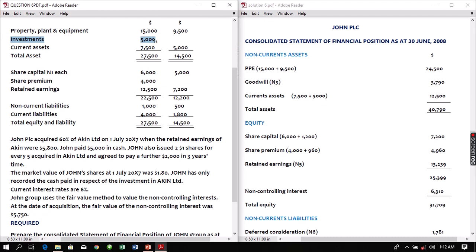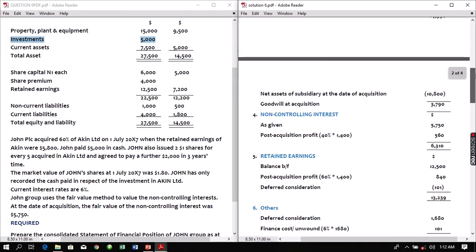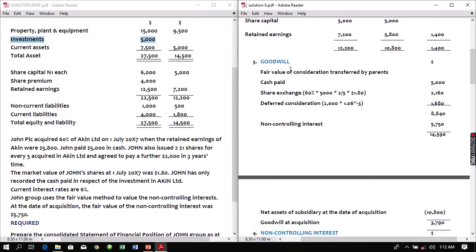Now we need to confirm something based on our calculation in workings 3. We can see that the total fair value of consideration transferred is 8,840. But coming to this place, the only investment you can see here is 5,000, but we are using 8,840 here.